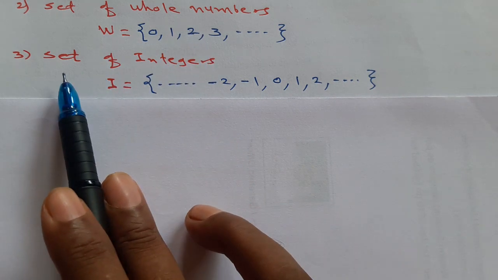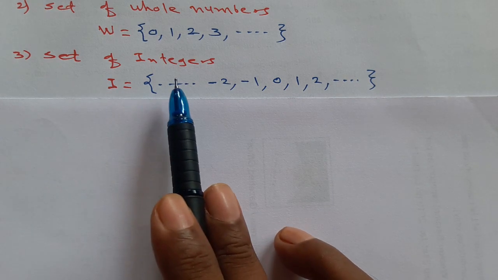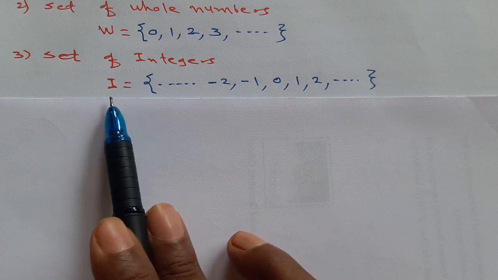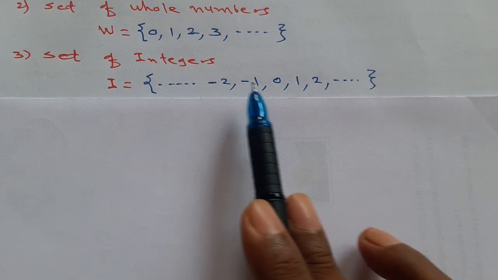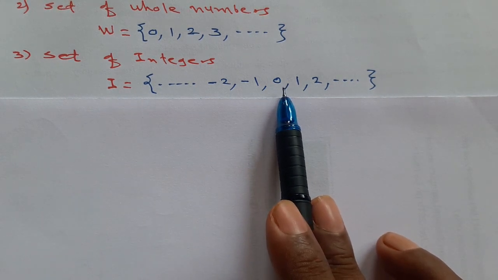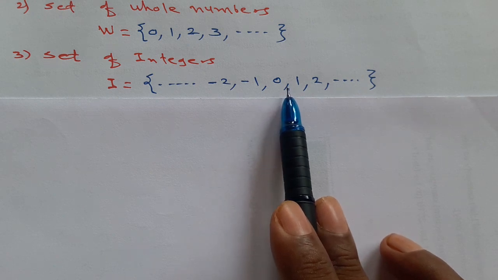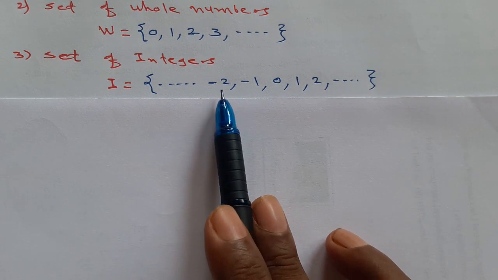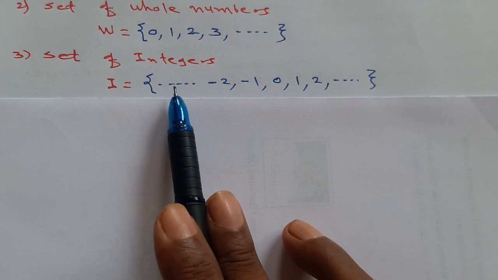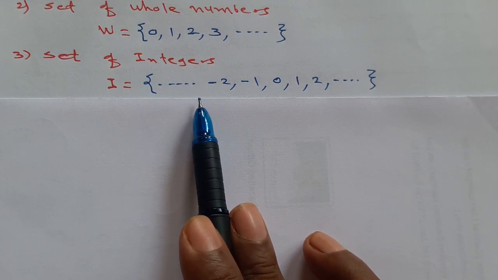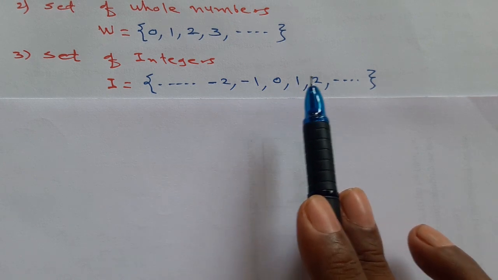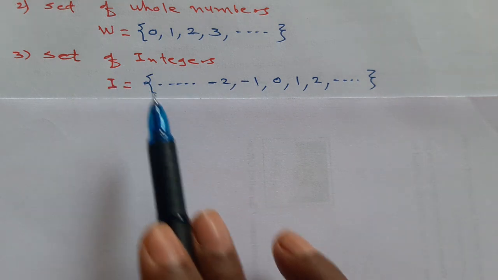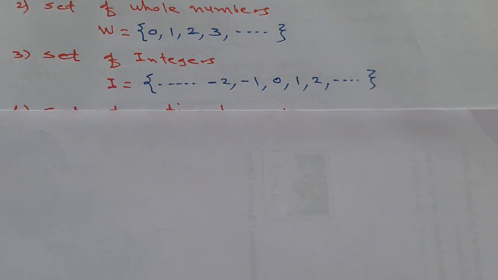Then we take another set, the set of integers, denoted by capital I, and its elements will be 0, 1, 2, 3 and so on, and minus 1, minus 2, minus 3 and so on. Positive integers, negative integers, and the number 0. This set is called the set of integers.